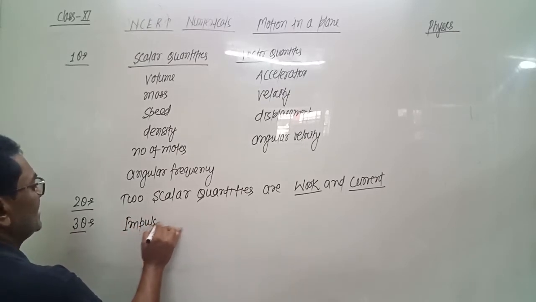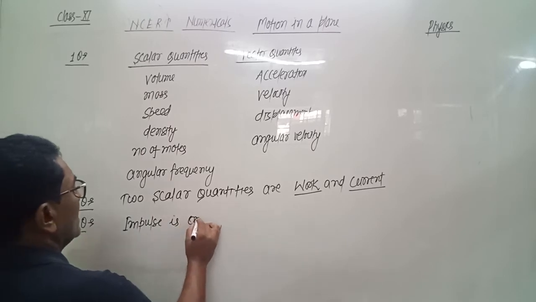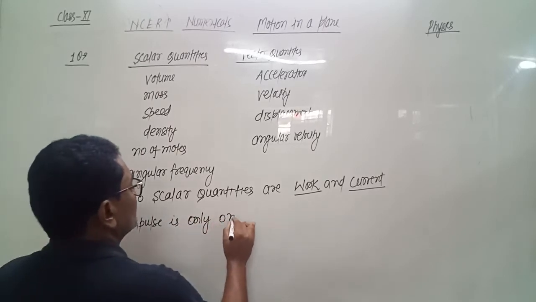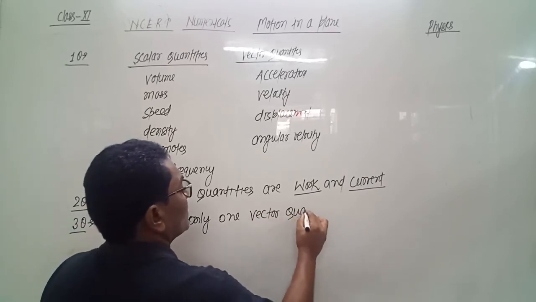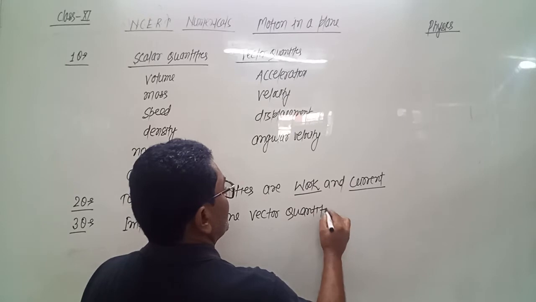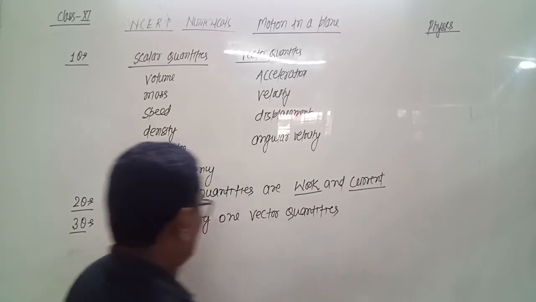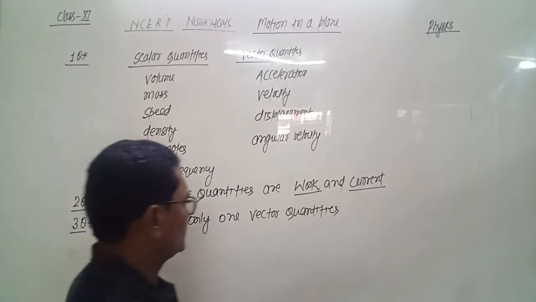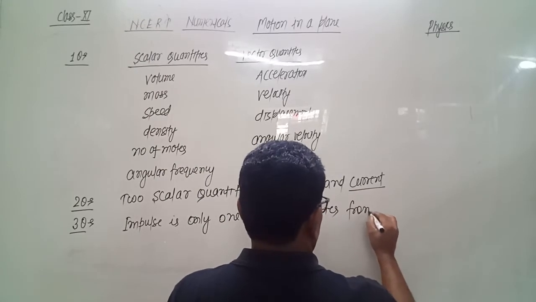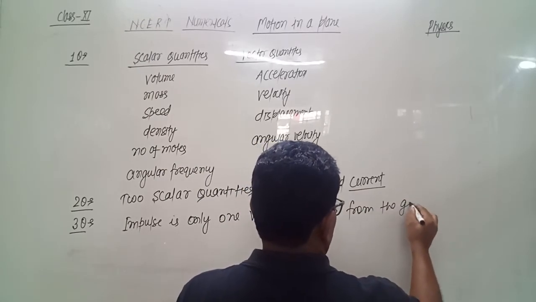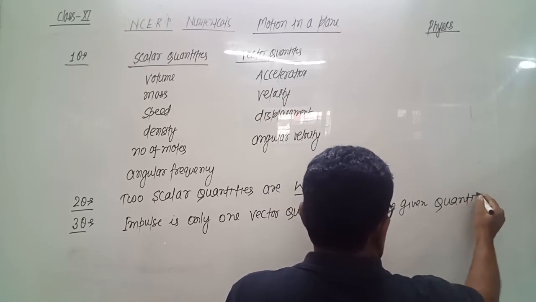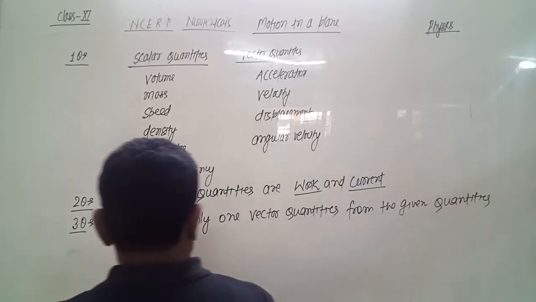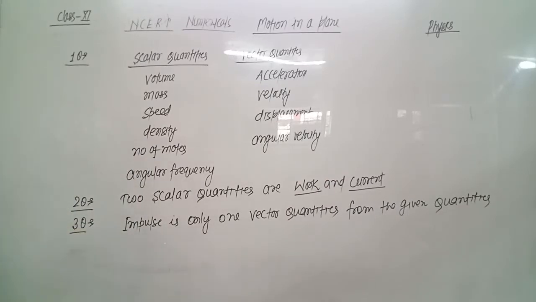Impulse is the only one vector quantity from the given quantities.